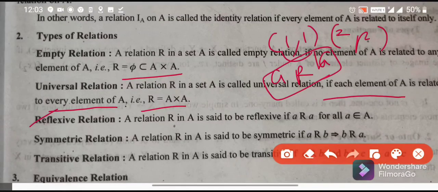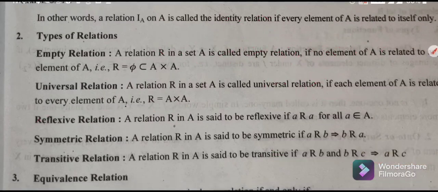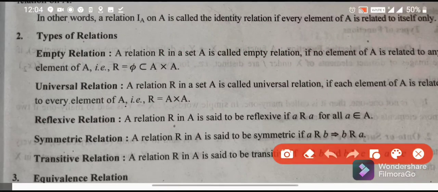Next, symmetric relation. A relation R in A is said to be symmetric if a related to b implies b related to a. If 1 related to 2 implies 2 related to 1, that is b related to a, then the relation is called symmetric relation.